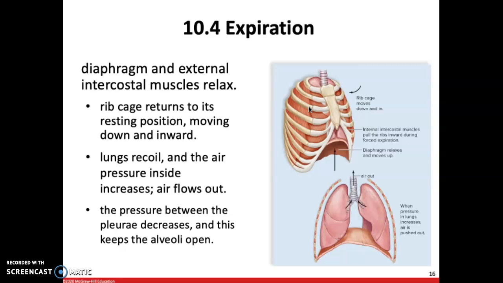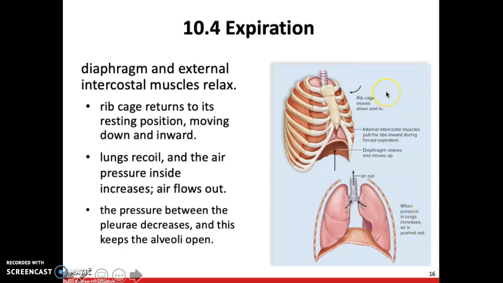Expiration is the exact opposite. This is going to be the passive phase of breathing. The reason that it's passive is because in its relaxed state, the diaphragm is going to be domed and the intercostal muscles are going to be pushed inward and downward. This is it when the muscles are in their relaxed state. The diaphragm and the intercostal muscles relax.